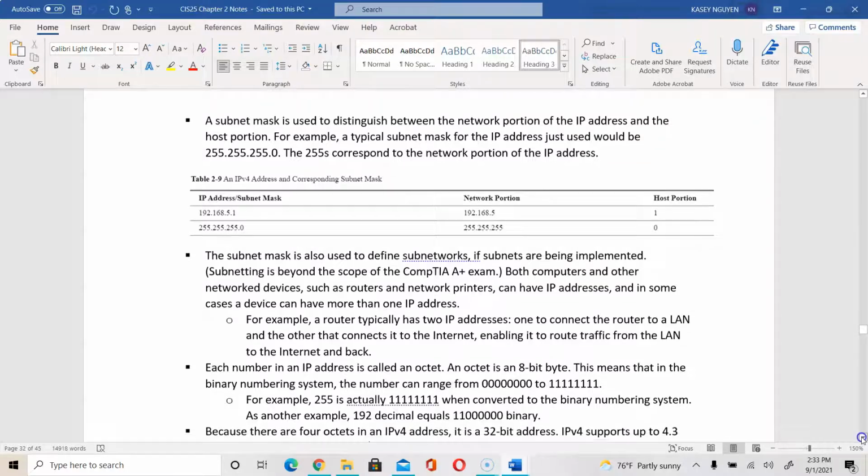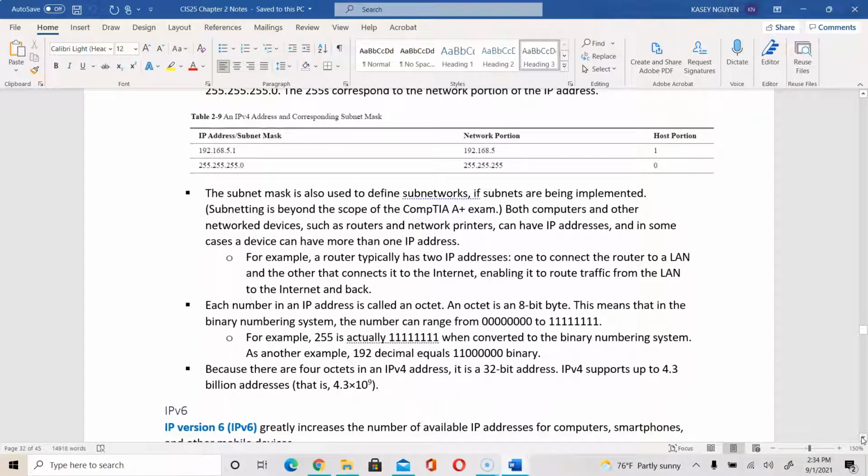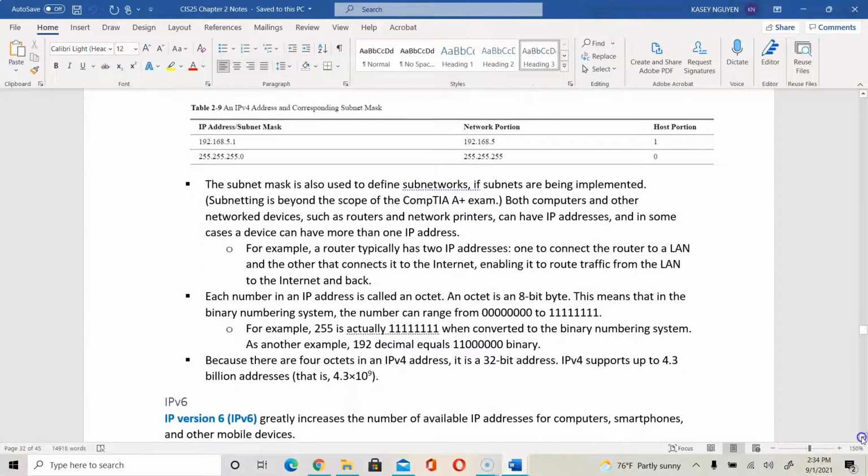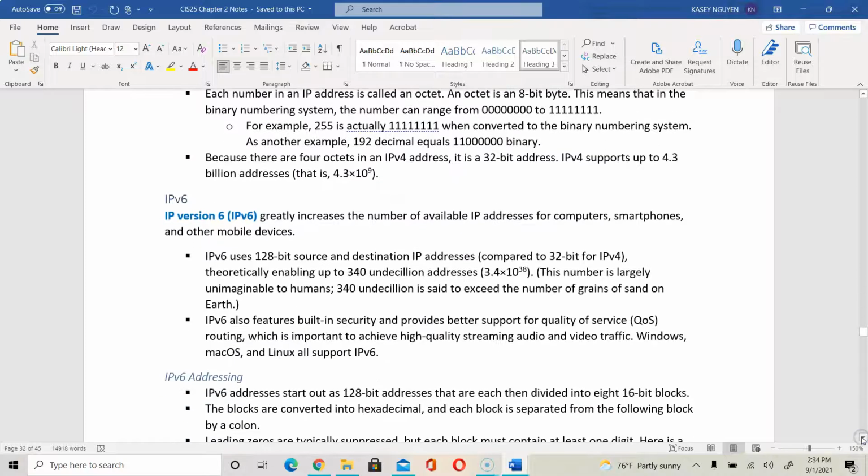So here it explains how IP version 4 and IP version 6 are different. IP version 6 uses 128-bit source and destination IP addresses, and it uses hexadecimal numbers, so in combination we would have more IP addresses using version 6.